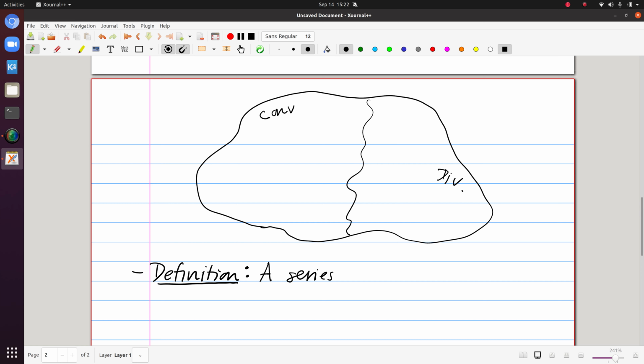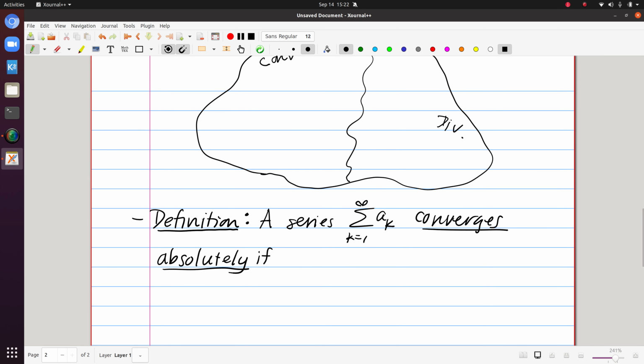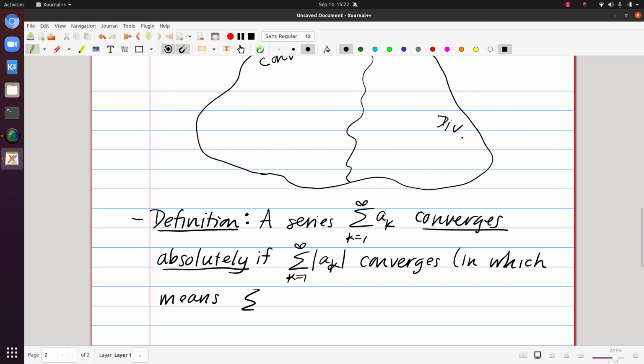So a series, let's just call it the sum of the a sub k's, we're going to say converges absolutely if the sum of the absolute value of a sub k converges. And I want to point out that that automatically means that a sub k converges. We're just further calling it absolute convergence.